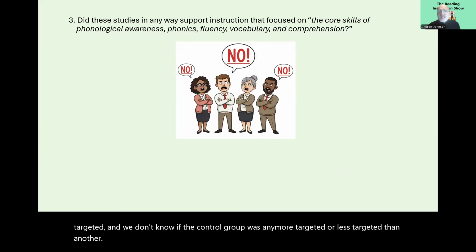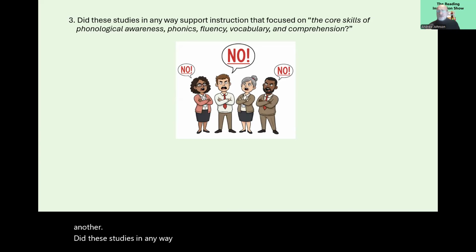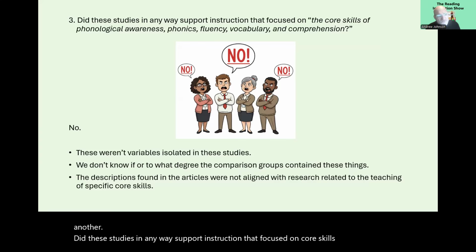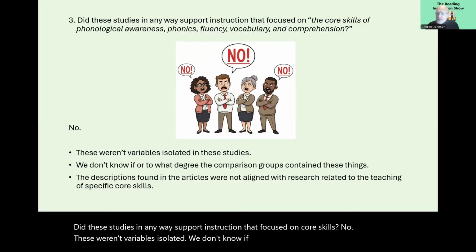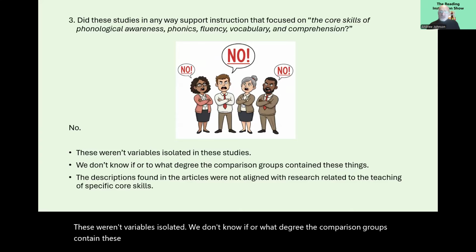Did these studies in any way support instruction that focused on core skills? No, these weren't variables isolated. We don't know if or to what degree the comparison groups contain these things. The descriptions found in the article were not aligned with research related to teaching specific core skills.